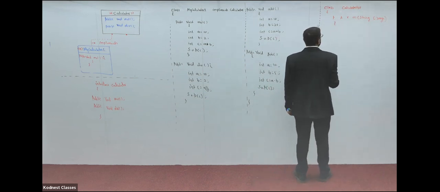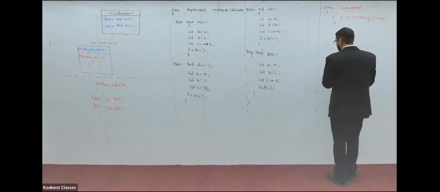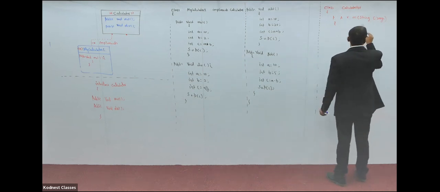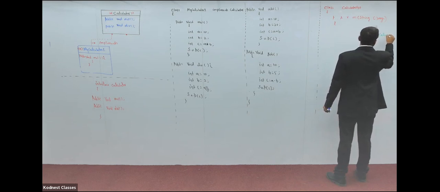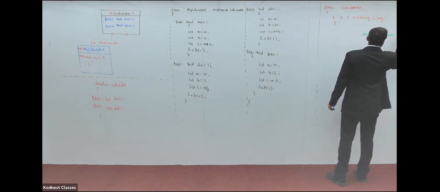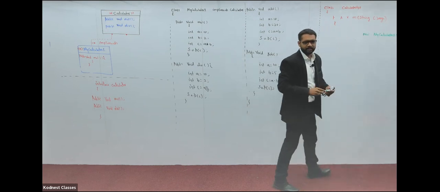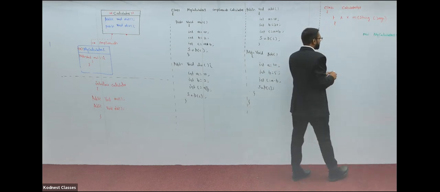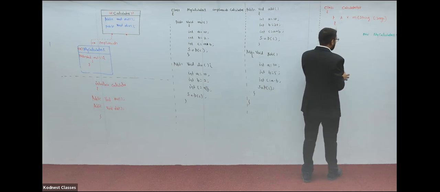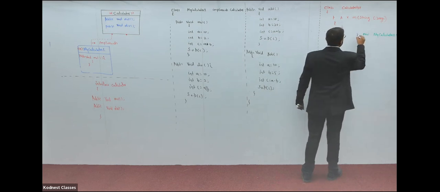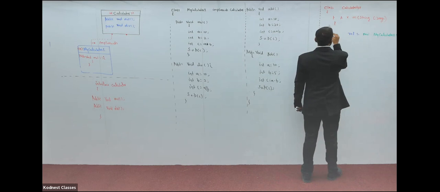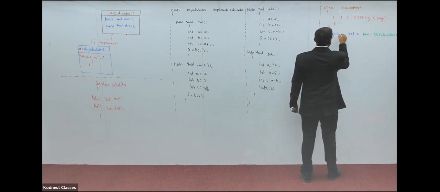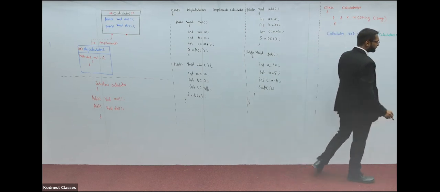Now inside the main method, I would tell I will need the new calculator one object to be created, whose reference I will collect in ref, which is of type calculator. Is this permitted?